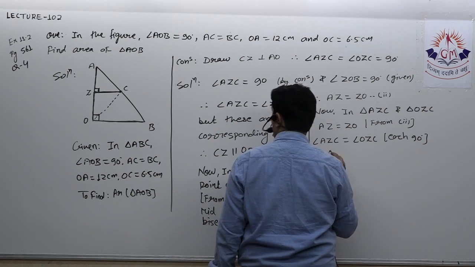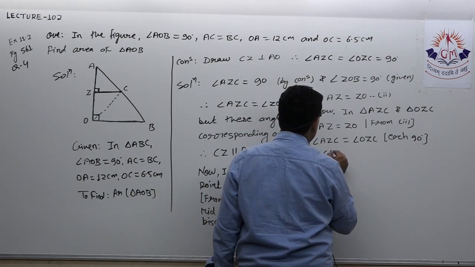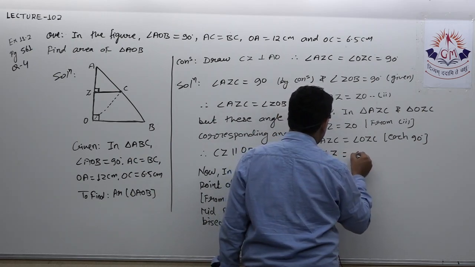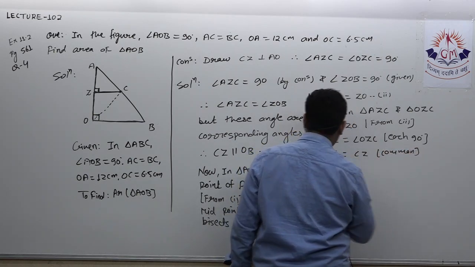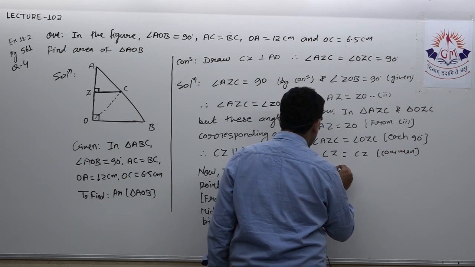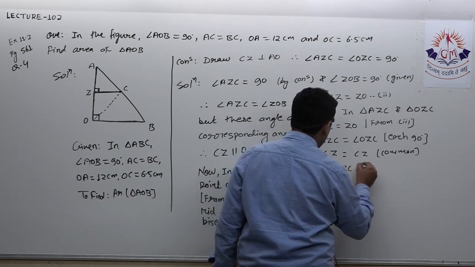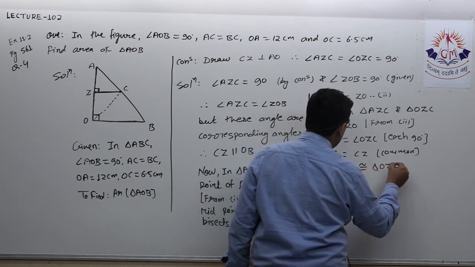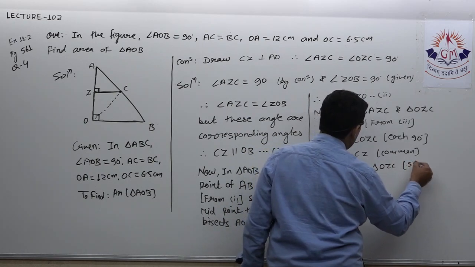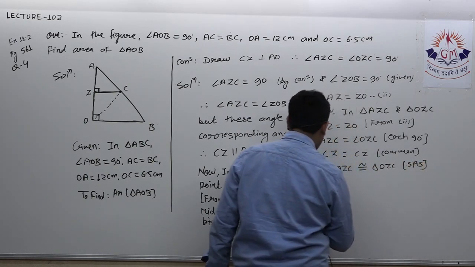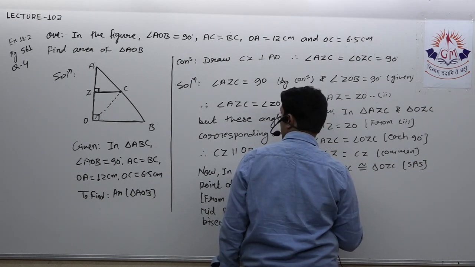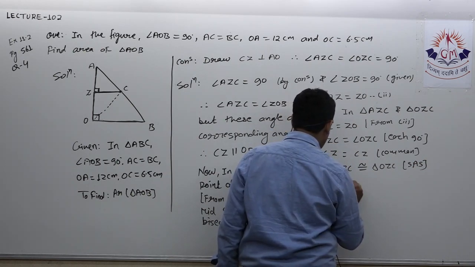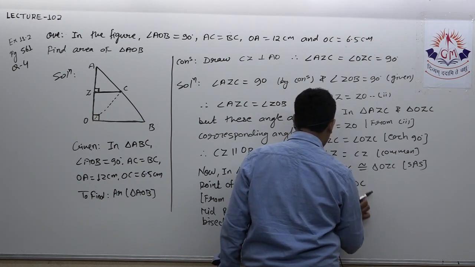And CZ is equal to CZ, that is common. Therefore, triangle AZC is congruent to triangle OZC by side, angle, side, and hence I can say AC is equal to OC.